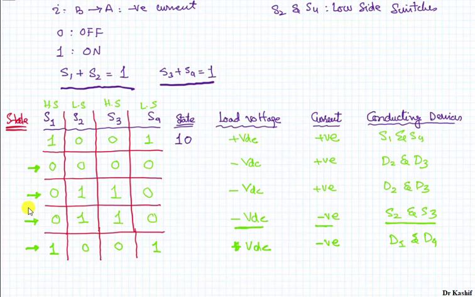So it is usually called the 1-0 state, and this one is given the name off state, in which all of your switches are off. In this state the first high side switch is 0 and the second high side switch is on, so it is the 0-1 state. And similarly you can give the name to all the switching states.